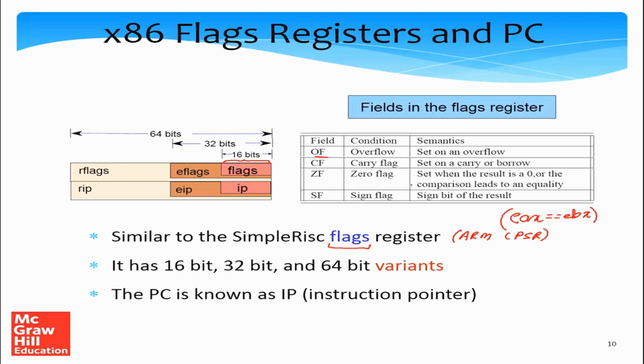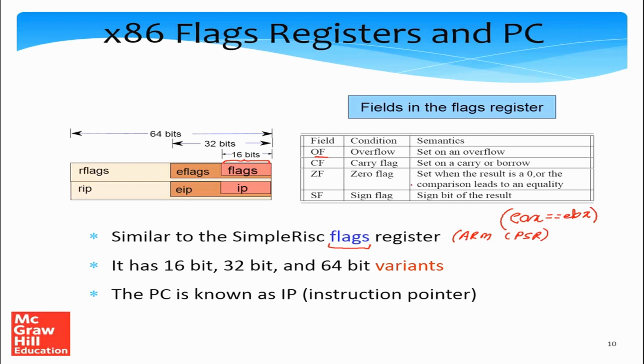And then we have SF, or the sign flag, which is the sign bit of the result. The sign bit of the result essentially indicates if the result is negative or non-negative. Non-negative means positive or zero. So these 4 bits can be set in the flags register. There are other bits as well. Readers can take a look at Intel's manual for the other bits, but these are the 4 main bits.